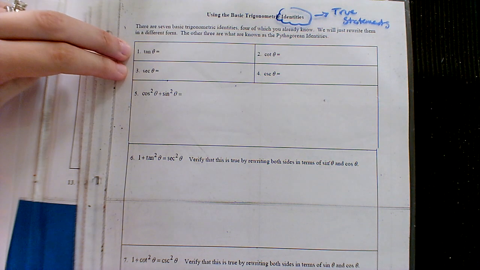So we're going to take something that looks fairly complicated, and we're going to use these identities to make it not so complicated. There are several basic ones. These first 4 at the top, we're already familiar with, but we're going to talk about the 3 bigger ones towards the bottom.